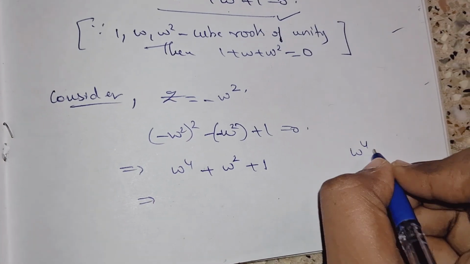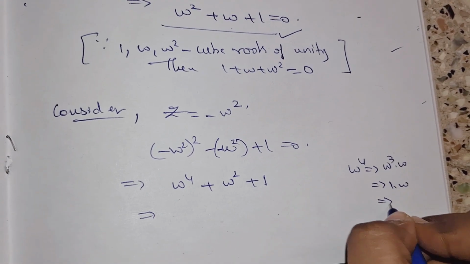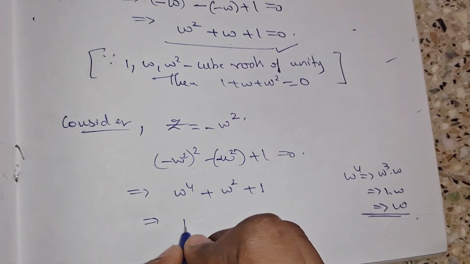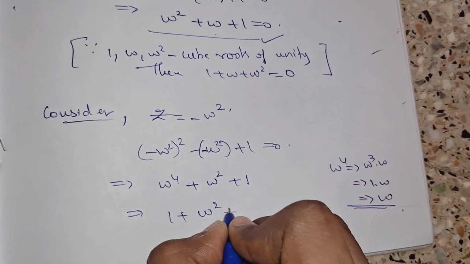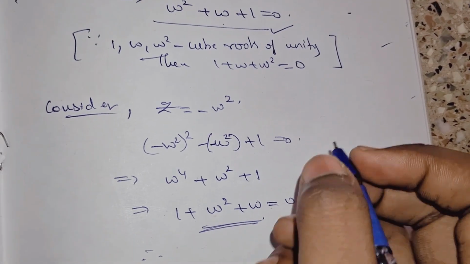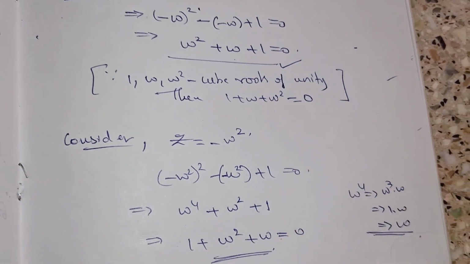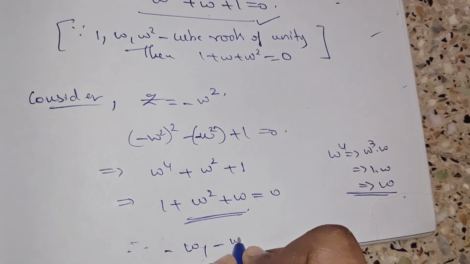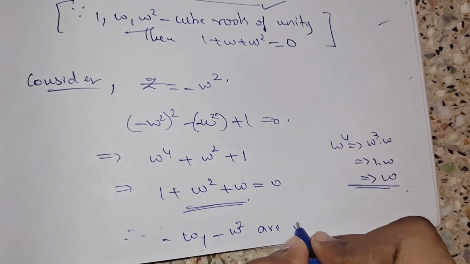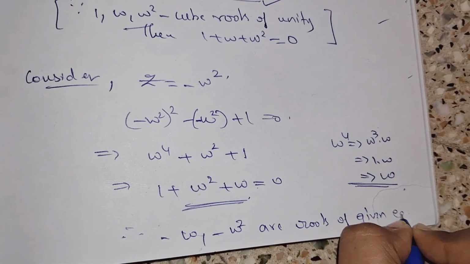Omega to the power 4 is nothing but omega cube into omega, which is 1 into omega, equals omega only. So we will be left with 1 plus omega square plus omega equals to 0. Therefore, from these two substitutions, we can say that minus omega and minus omega square are the roots of the given equation.